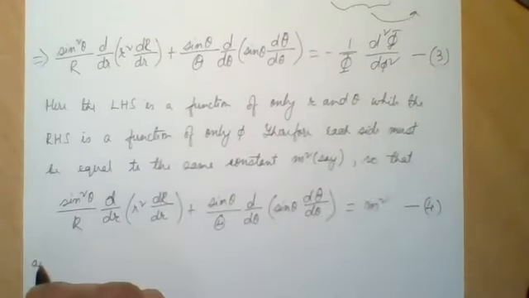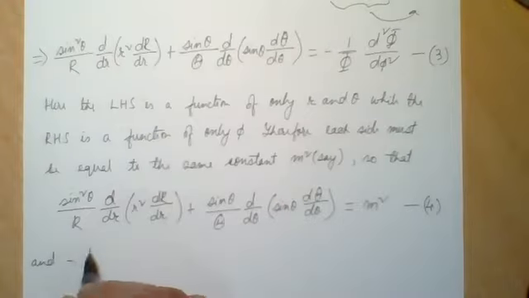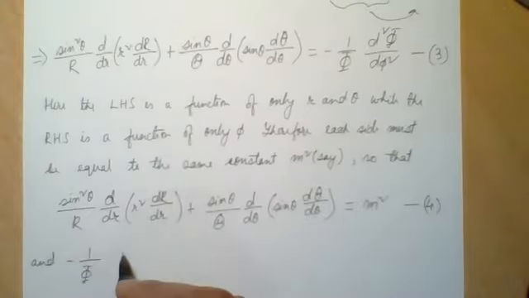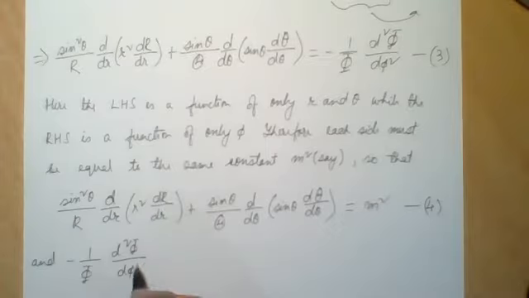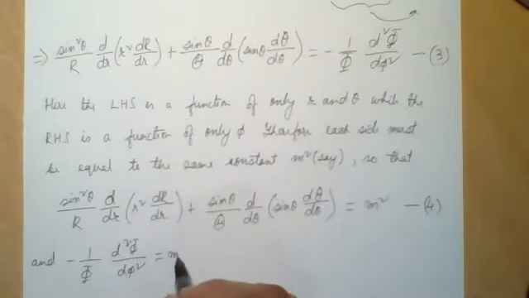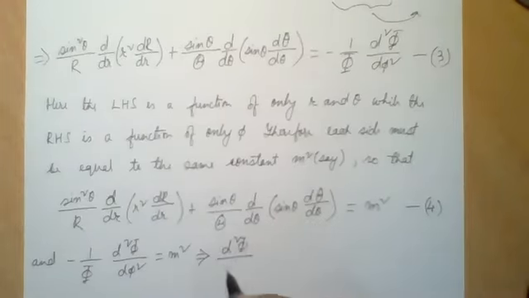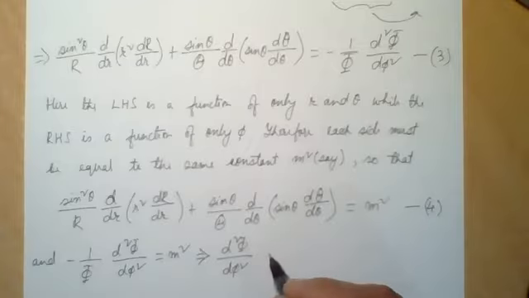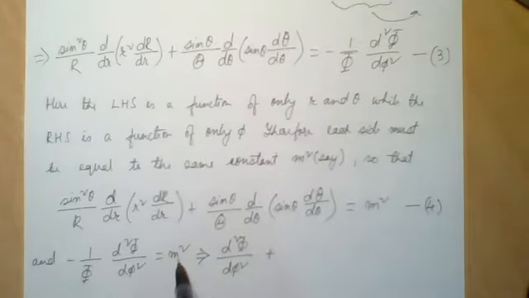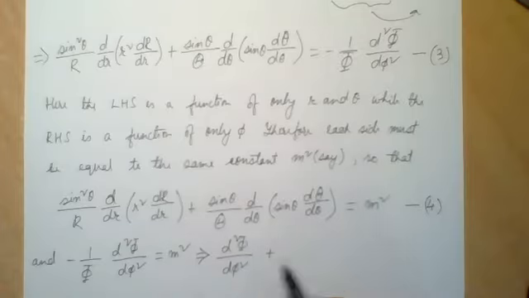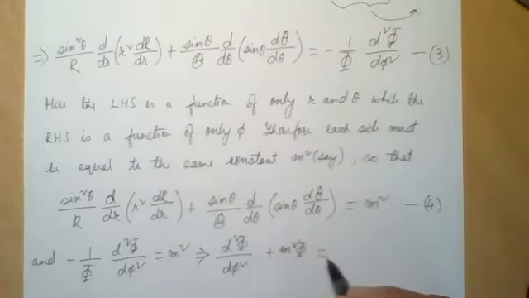That is, minus 1 by capital Phi, d2 capital Phi by d small phi square. This is equal to m square. This implies that d2 capital Phi by d phi square plus m square capital Phi is equal to 0.